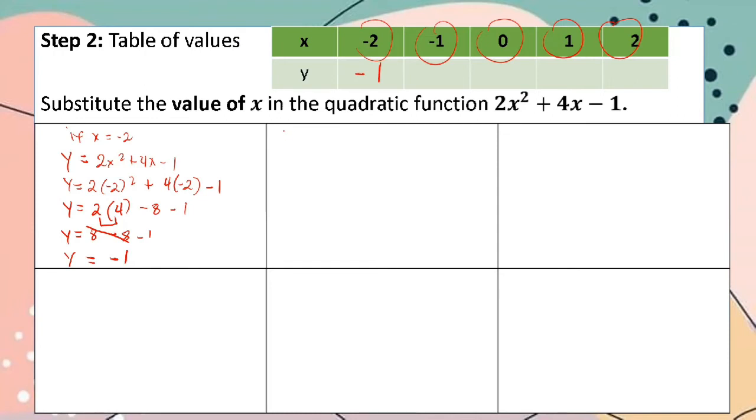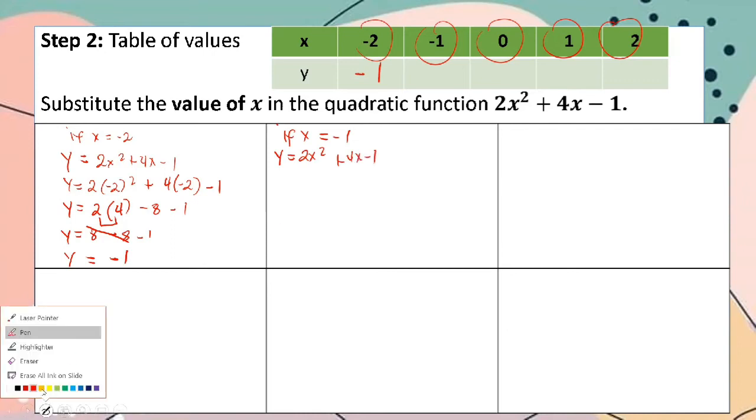equal to negative 1. So again, substitute it to y is equal to 2x squared plus 4x minus 1. So the value of x that we have is negative 1. So therefore, y is equal to 2 times negative 1 squared plus 4 times negative 1 minus 1.